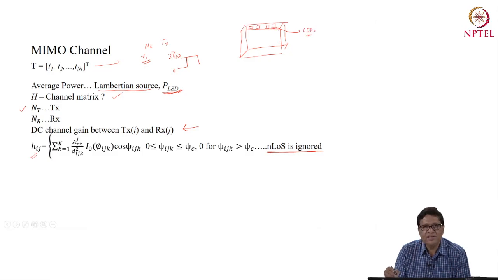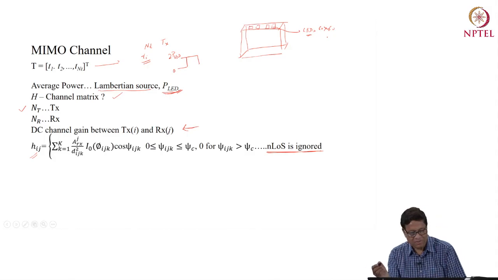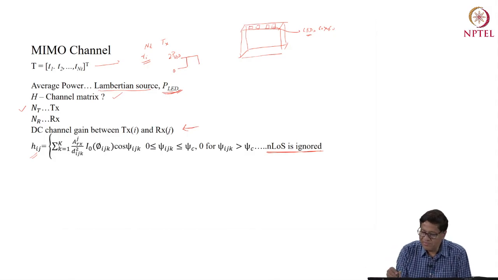So each transmitter is an array, and this array has LEDs. Could be 60 cross 60 or 20, depending on what illumination level you want. So this K is actually the number of LEDs in a panel, which has these number of LEDs.